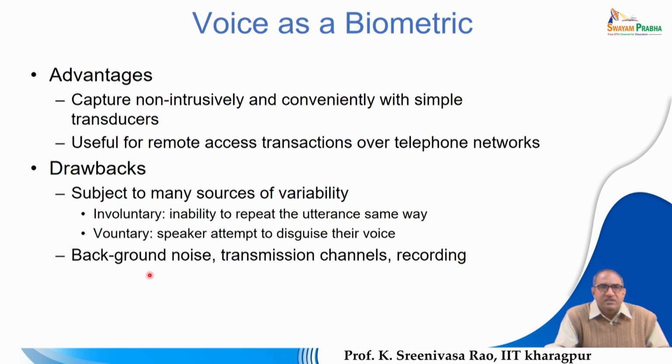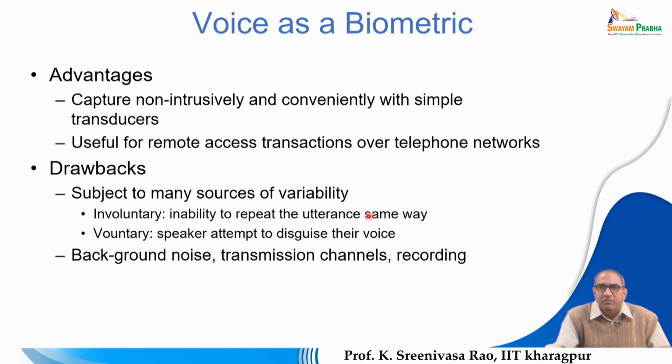And the main drawback is that the speech is subjected to sources of variability. It means, as we have known, that the speech signal contains some inherent variability, involuntarily. So we cannot repeat the utterance in the same way. Suppose we uttered some word, and if you try to utter the word a second time, these two words, even though they are the same words, are different.